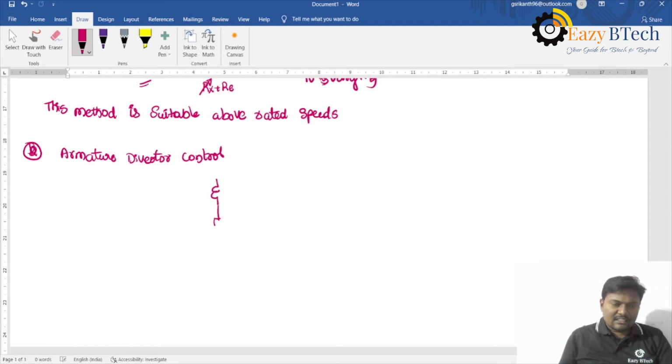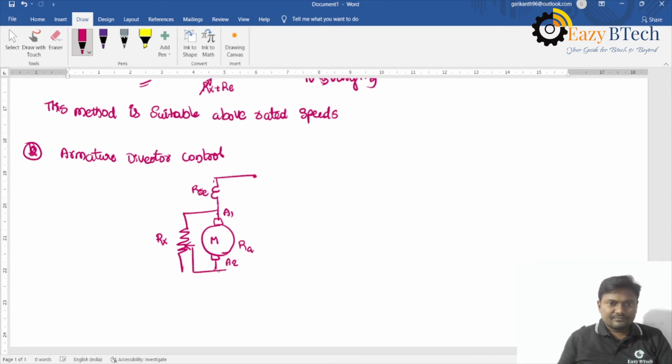I am connecting an external resistance in parallel with the RA. These are the two terminals, EA1 and EA2, the armature resistance is RA, and the series field winding resistance is RSC. I am giving the supply voltage V.